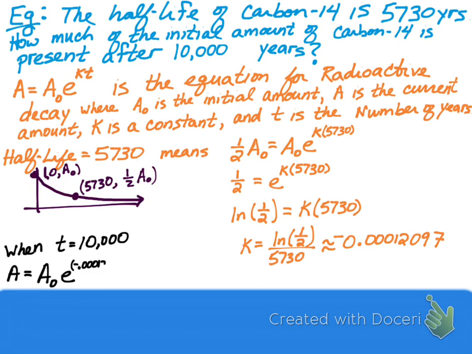And the amount is A sub 0 times e raised to the negative 0.00012097 times 10,000, which is e to the negative 1.2097, and that is approximately 0.298 times A sub 0. So just under 30% of the initial amount is there after 10,000 years.